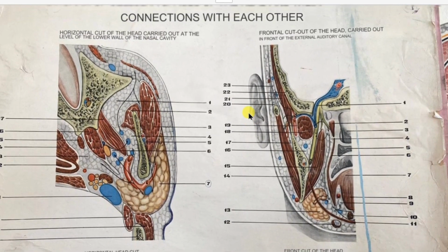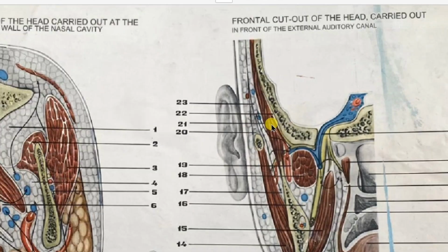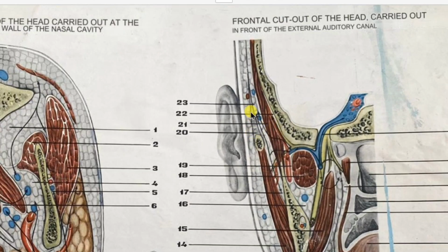So let's see here. First, we already discussed the interaponeurotic cellular tissue, which is located above the zygomatic arch, and this one is the subaponeurotic cellular tissue. As you can find here, medially you can recognize the temporalis muscle, and lateral to the temporalis muscle you can find the subaponeurotic cellular tissue.